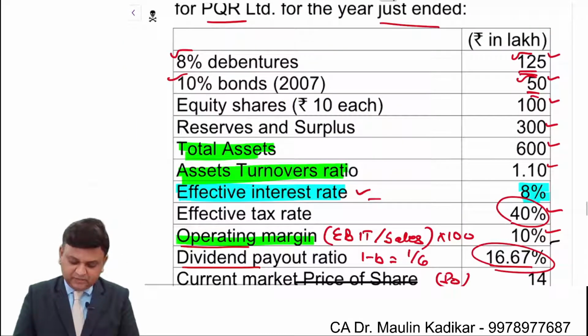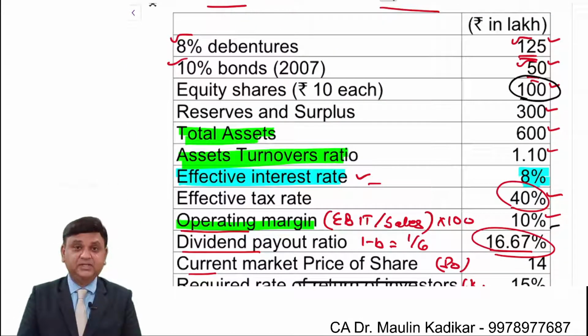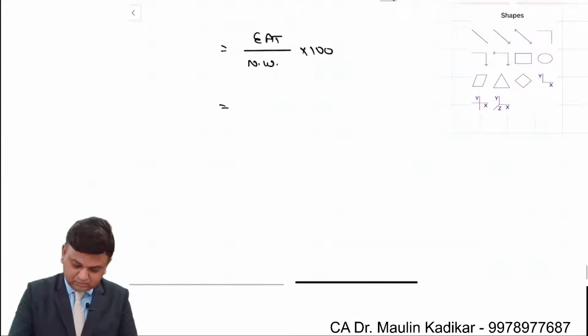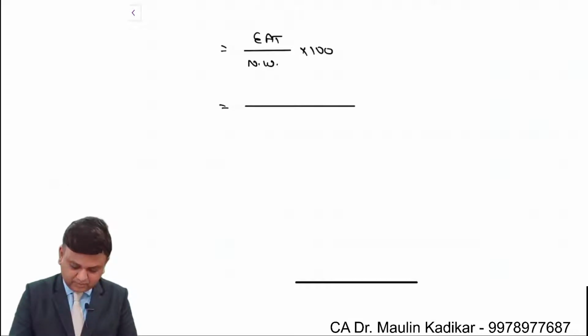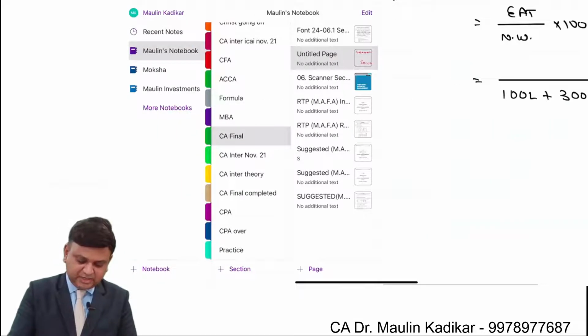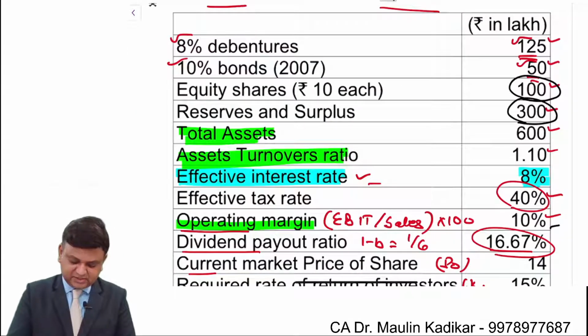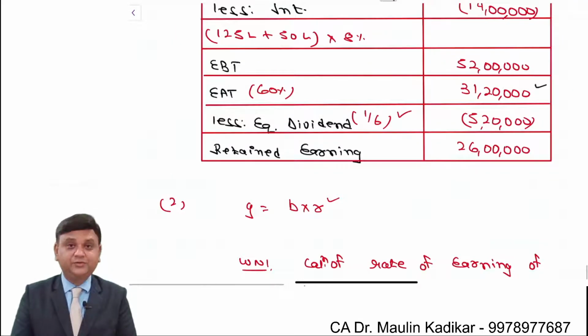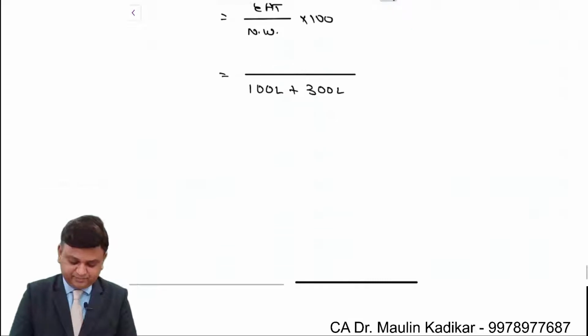We can see that the equity share capital is 100 lakhs. Reserves and surplus is 300 lakhs. And the numerator is the earning after taxes. Again, we already have found it. It is an amount of 31,20,000.